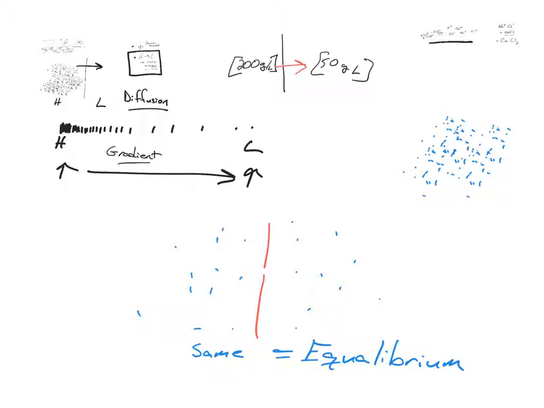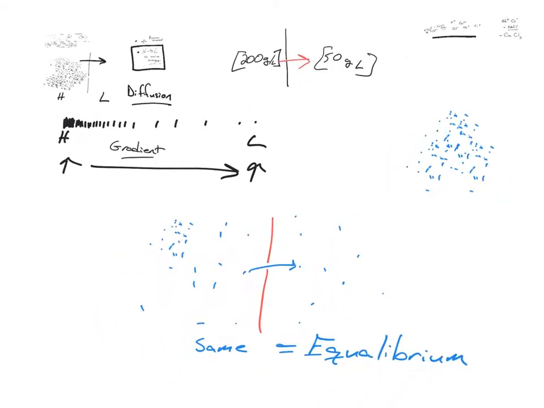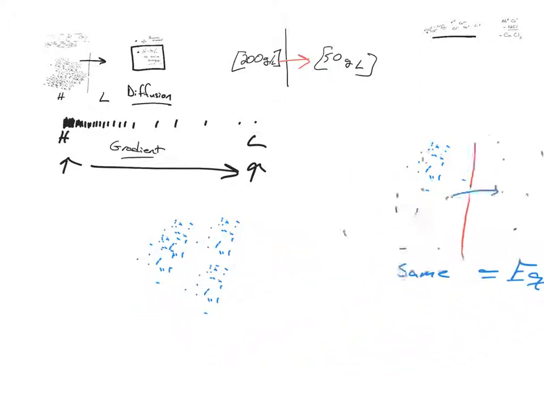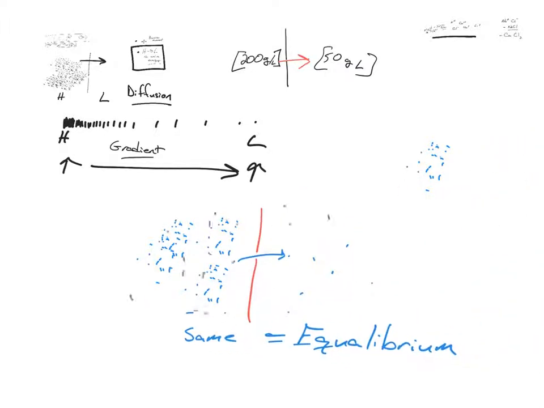No. If you have a lot of these on this side, then randomly you're going to get a lot going towards the right. Only a few are going to go to the left because there's less of them.